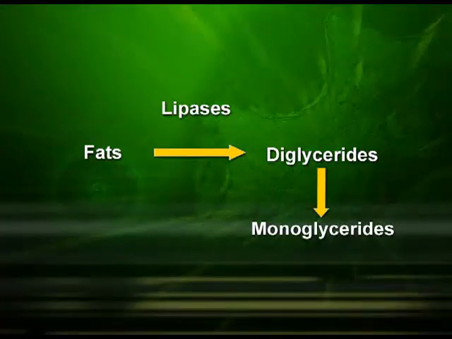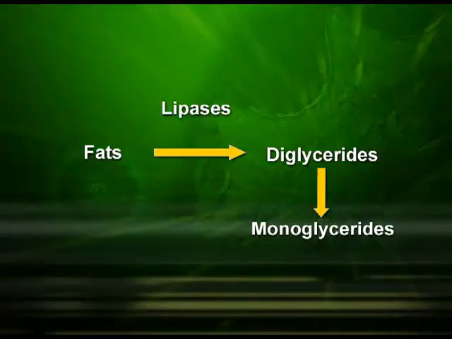Again, you have lipases at this point of time in the small intestine from two sources. One is from the pancreas, the pancreatic lipase, other from the succus entericus, and you have bile also, which is activating lipase to act on the fat molecule. So, these fats will be converted to diglycerides, that is from many to 2, and from diglycerides to monoglycerides.